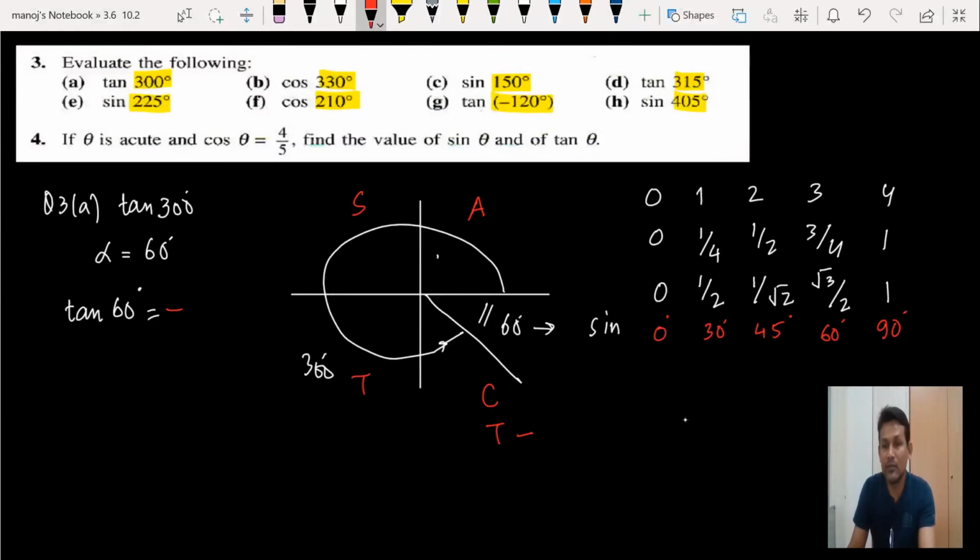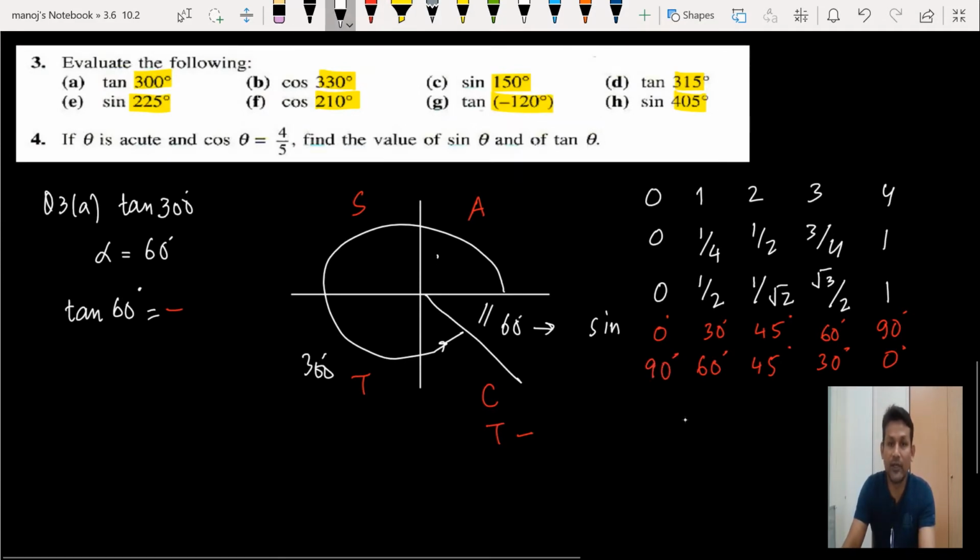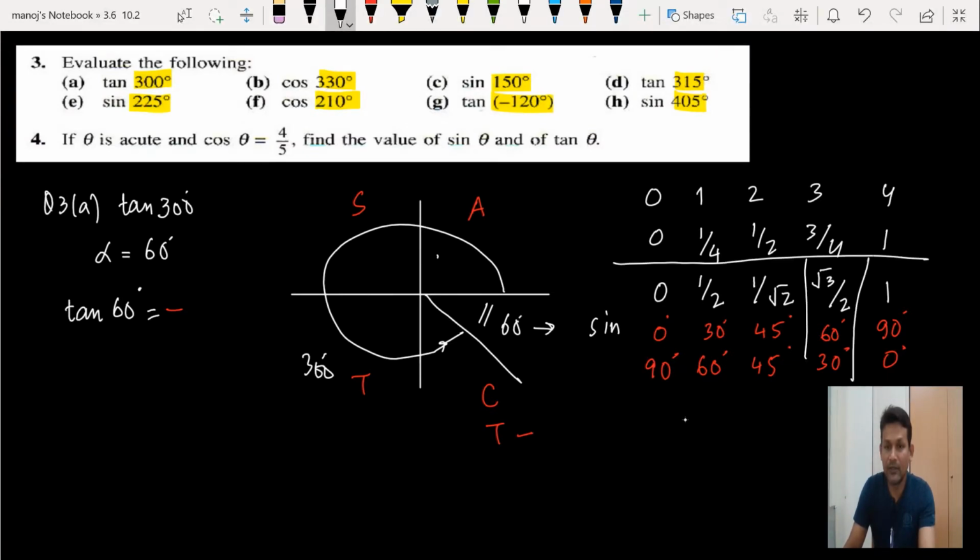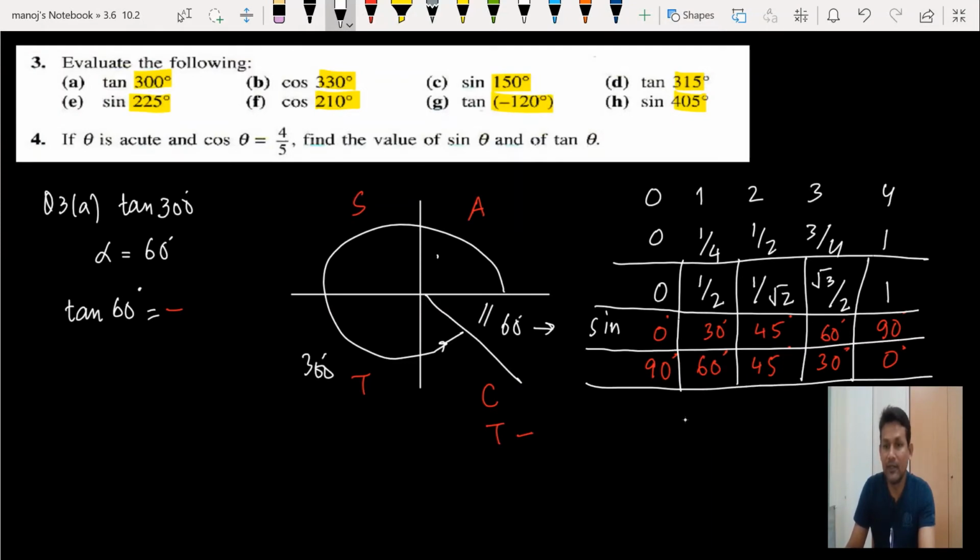And when you write cos, it will start from here: 0, 30 degrees, 45 degrees, 60 degrees, and 90 degrees. Now look here. This is a table with all the values of sine and cos, which you can find without using a calculator. Cos is from the left-hand side, sine is from the right-hand side.